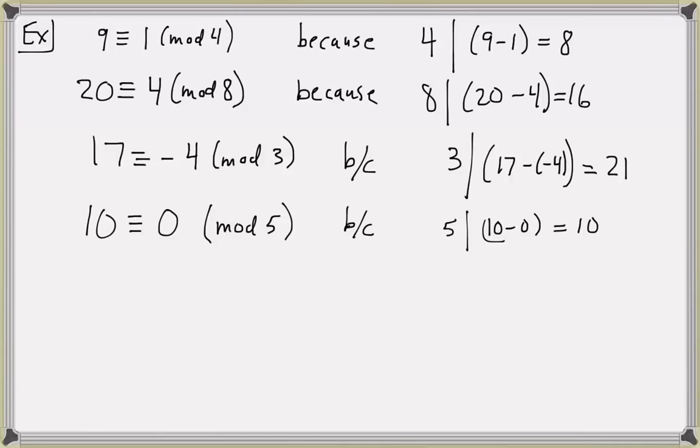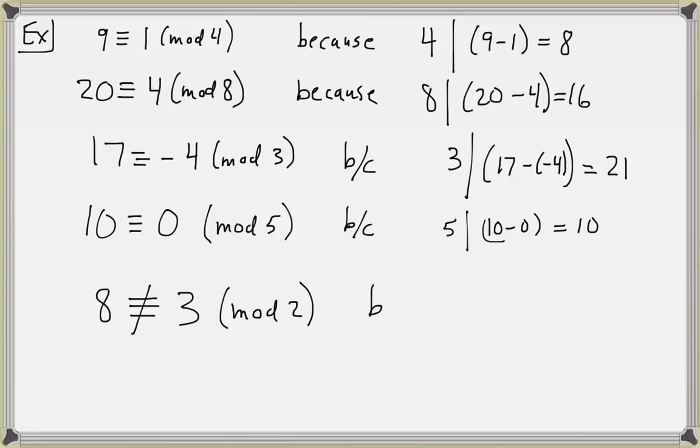We can also say that something is not congruent by putting a slash through the congruence symbol. For example, 8 is not congruent to 3 mod 2. That's how you would read this. 8 is a multiple of 2, so 8 is congruent to 0 mod 2.